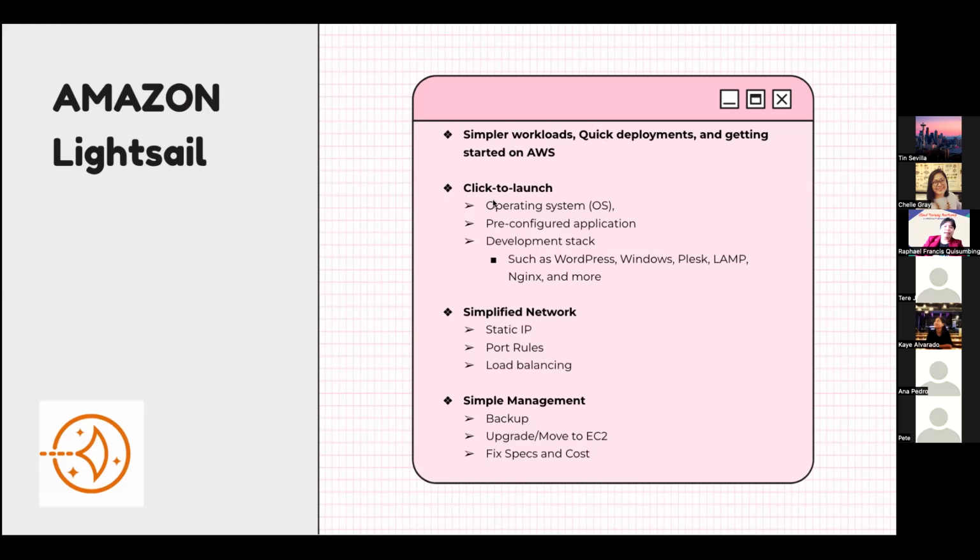You basically, again, just have a click to launch. So you have your operating system, you have stacks that you can pick, such as WordPress, Windows, Plesk, LAMP, etc. It also has a simple interface. Even the layout of the interface is simple for static IP, routing, load balancing.